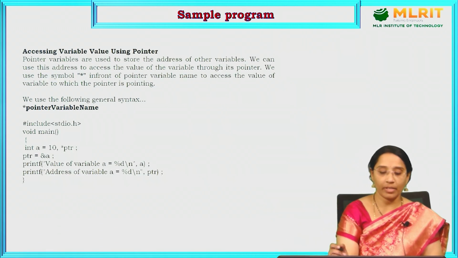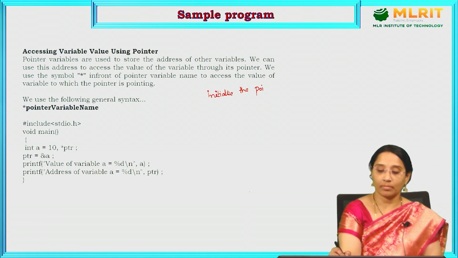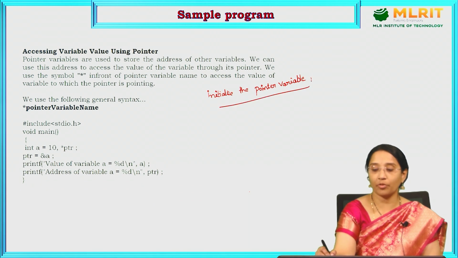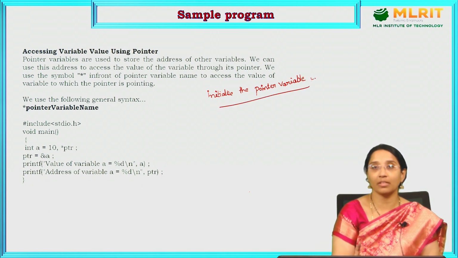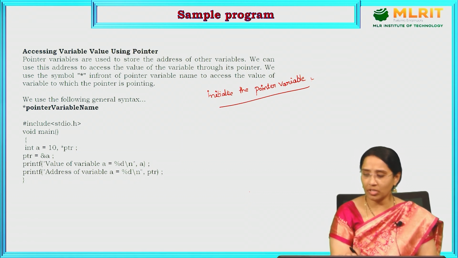So how to initialize the pointer variable? Initialization of a pointer variable: if you want to use the pointer variable, the first thing is you need to initialize it. It is important always to initialize the pointer variable before you use it.